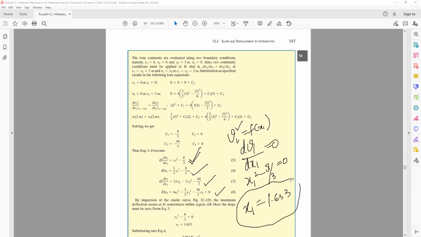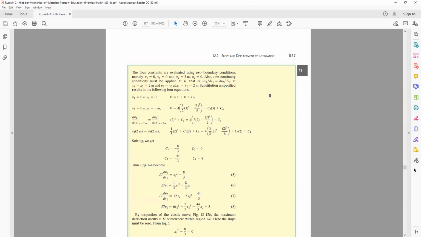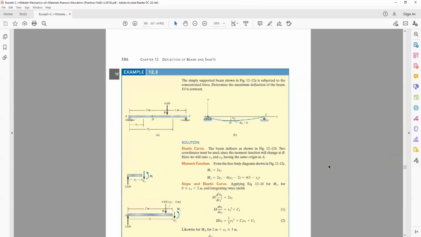So the maximum deflection is at a distance of 1.633 meter, somewhere over here. Once you go to a distance of 1.63 meter, at that point the deflection will be max. This is how we have to solve this question. Thank you very much.